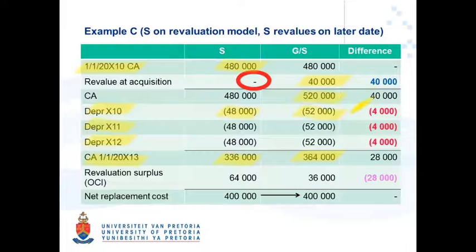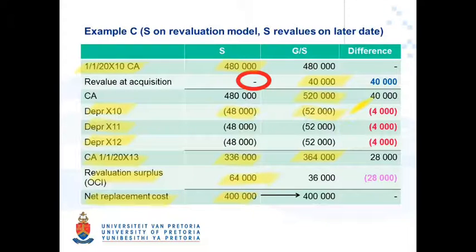On 1 January X13, S revalued this equipment to a net replacement cost of 400,000, resulting in a revaluation surplus through OCI. It's a current year revaluation in X13 of 64,000 Rand credit.